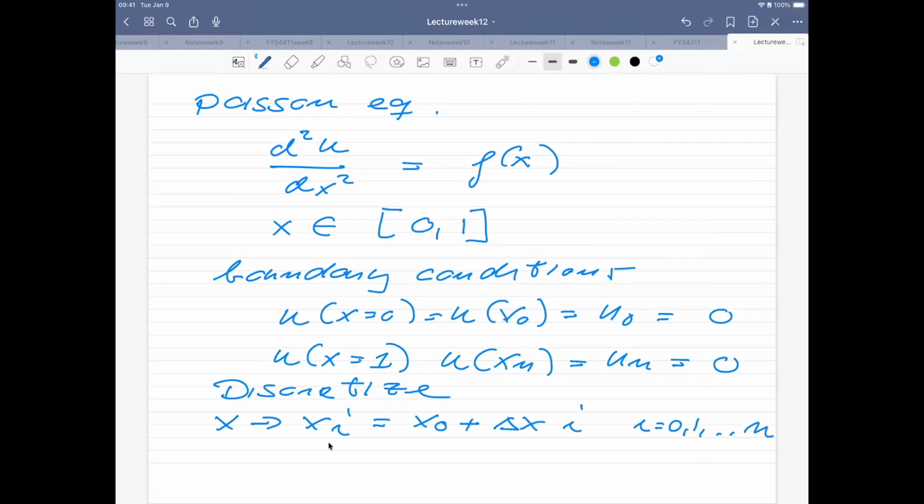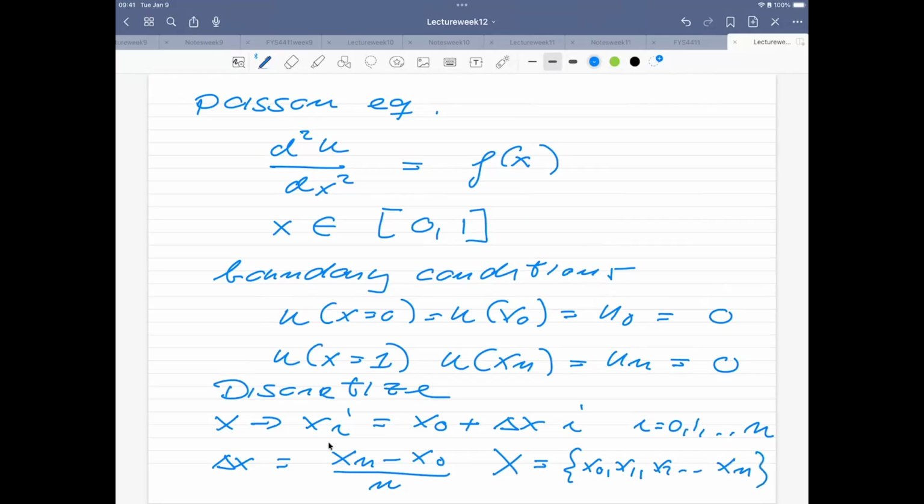So we have n plus 1 so-called mesh points, so integration points, or just discretized points. And delta x is then given by (xn minus x0) divided by n. That means that the domain of x variables is given by x0, x1, x2, up to x of n.